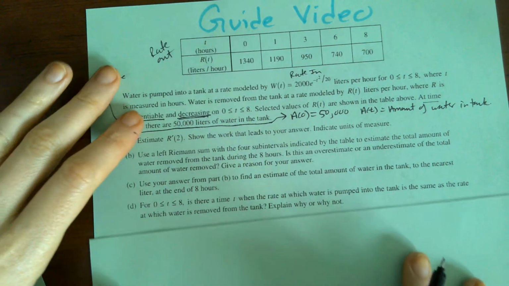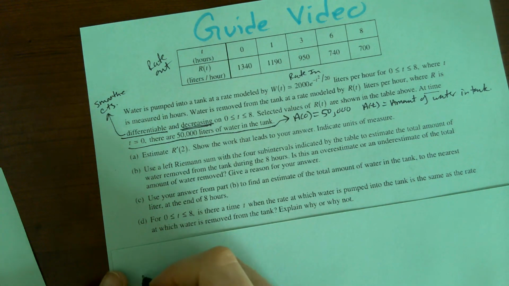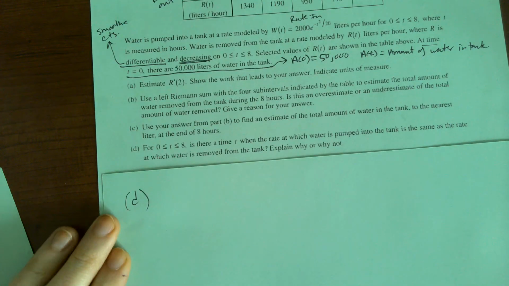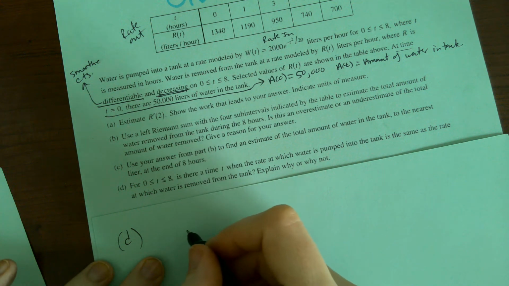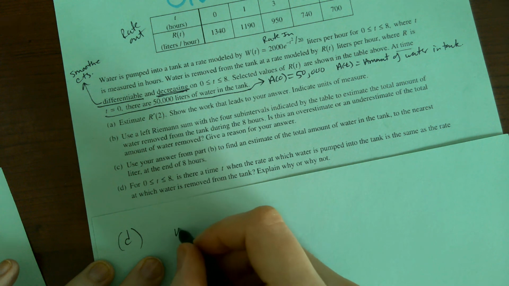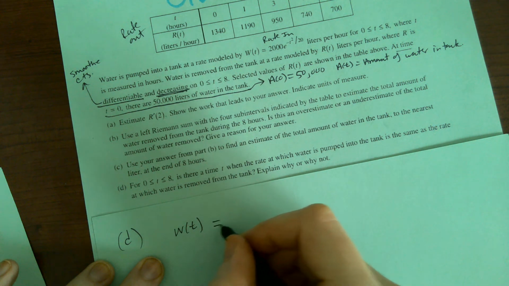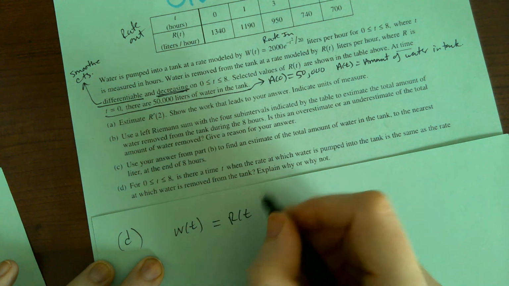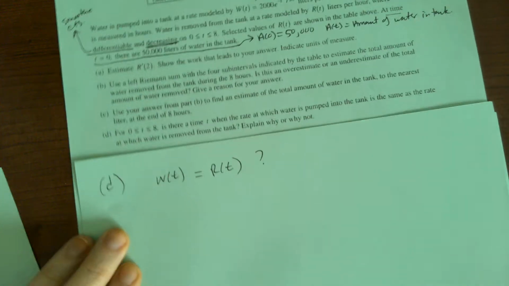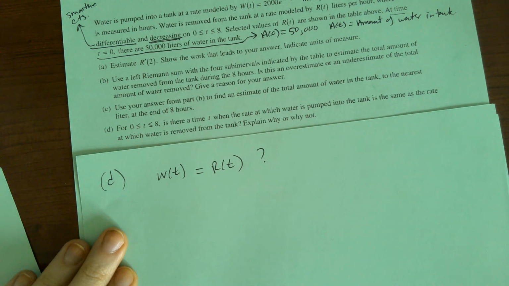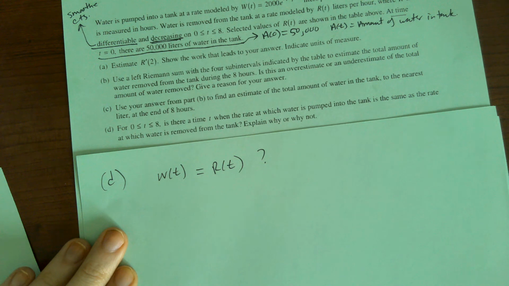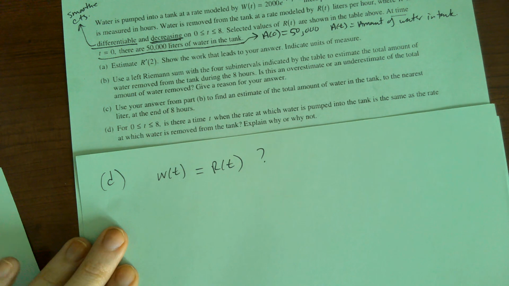So you want to be thinking, all right, let's just think for a second. The rate at which water is being pumped into the tank is the same as the rate at which water is being removed from the tank. So is there a time when W of T is equal to R of T? And guys, very often when you want to prove if two things are equal, you can prove that their difference is 0.